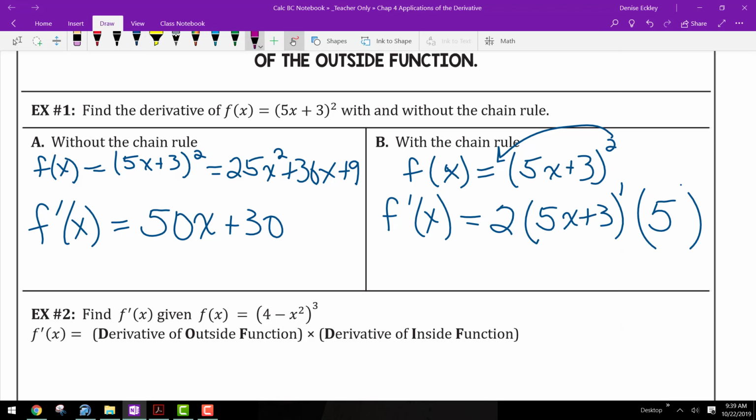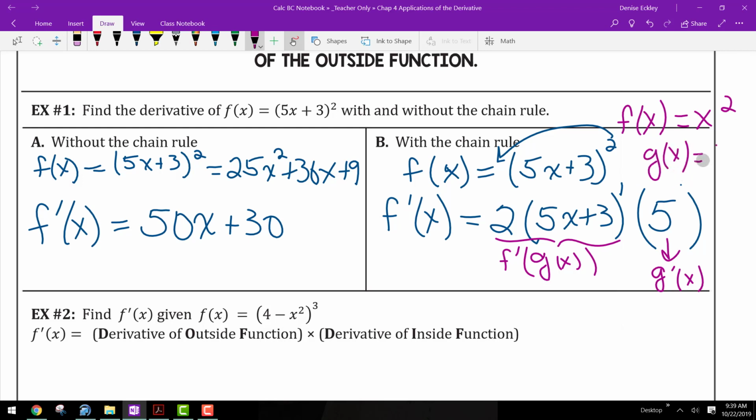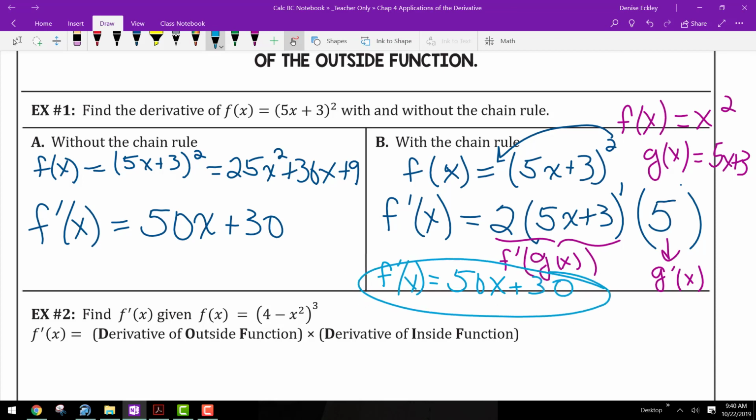So this part is f prime of g of x, and the 5 is g prime of x, when we define f of x as x squared and g of x as 5x plus 3. Our final answer is f prime of x, multiplying this together, 50x plus 30. So you get the same answer.